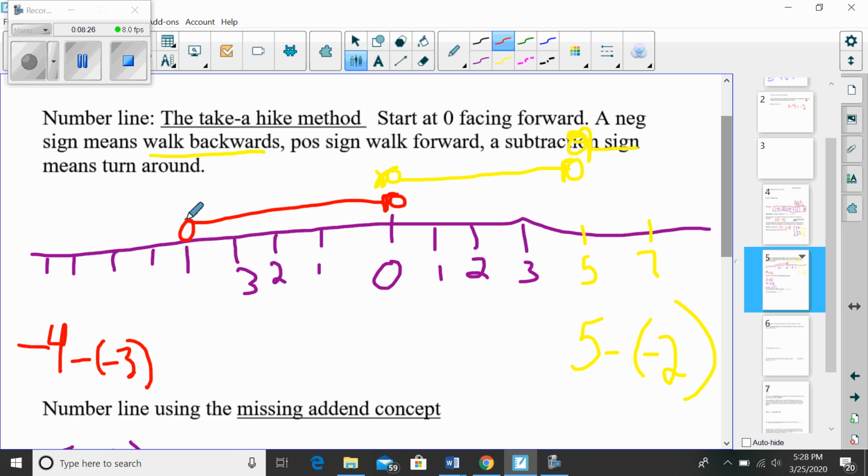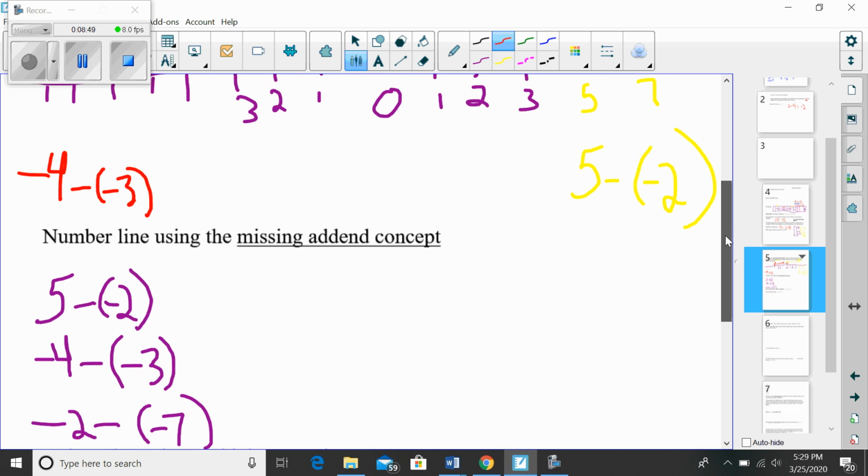I'm still facing this way, since 4 was negative and I walked backwards. The subtraction sign means turn around. And then -3 means walk backwards 3. So I land here on +1.